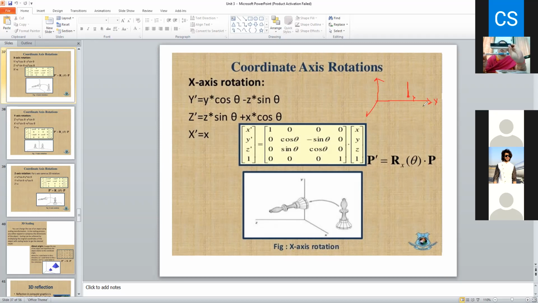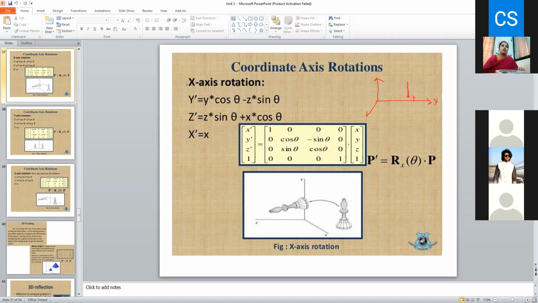The distance between the white surface and the pen, that is the x-axis and the object, is going to remain constant. But at that time, your y is changing. Earlier, it had positive y. Now it has become negative y. Similarly, there will be a change in the z parameter as well. So x is not changing, only y and z are changing.